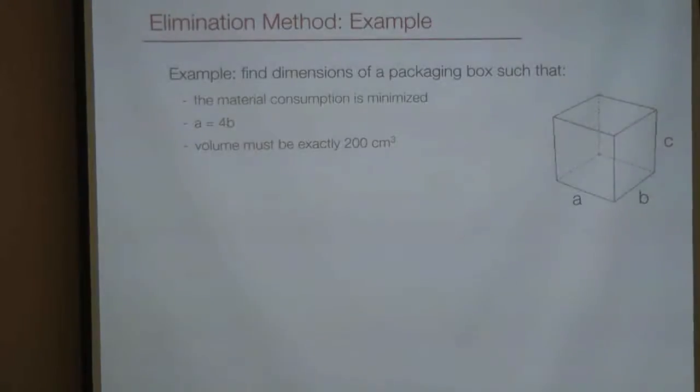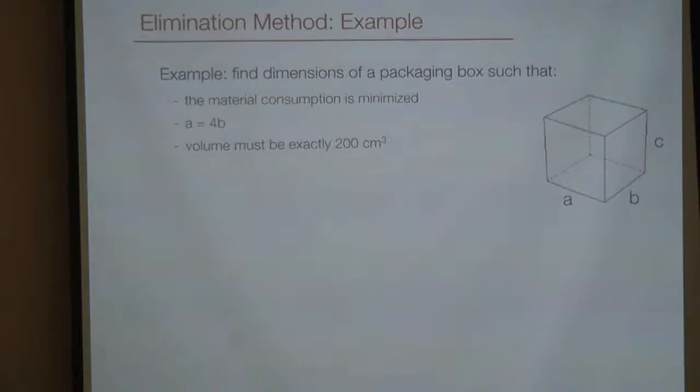So let me give you a practical example. Your task is to design a packaging box which has several constraints. The first one is that this side here must be 4 times this side.